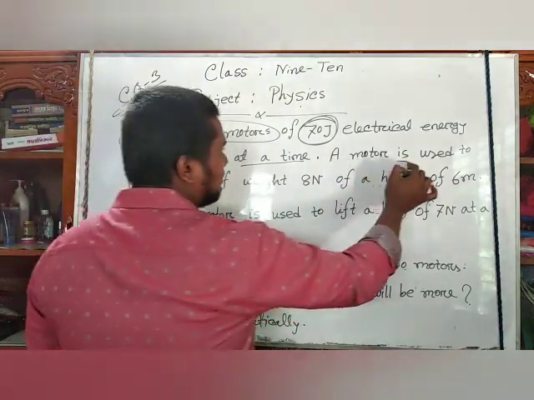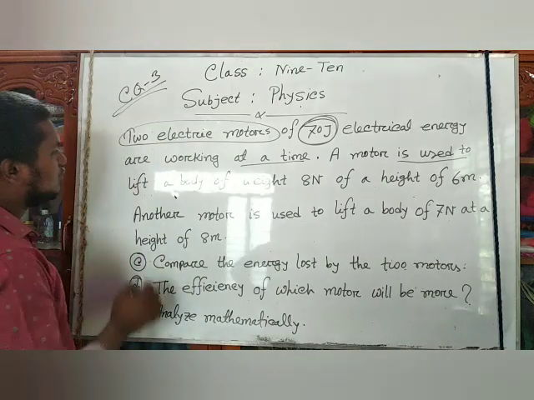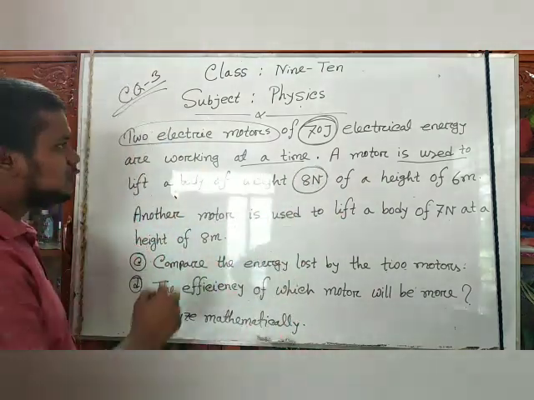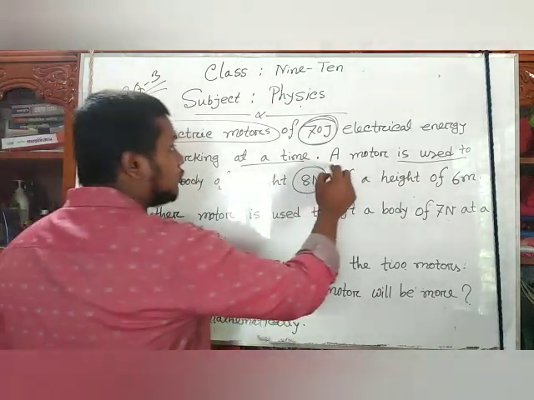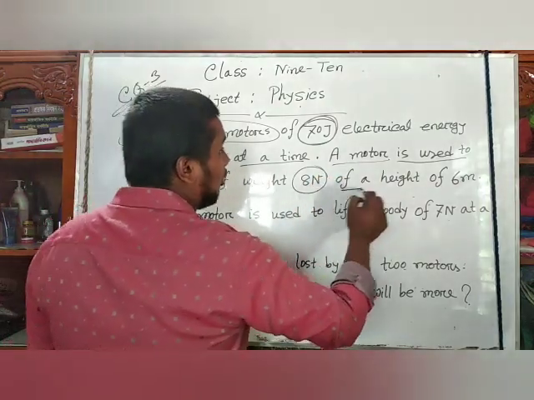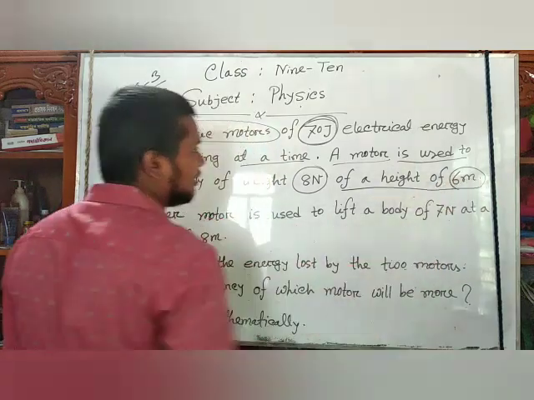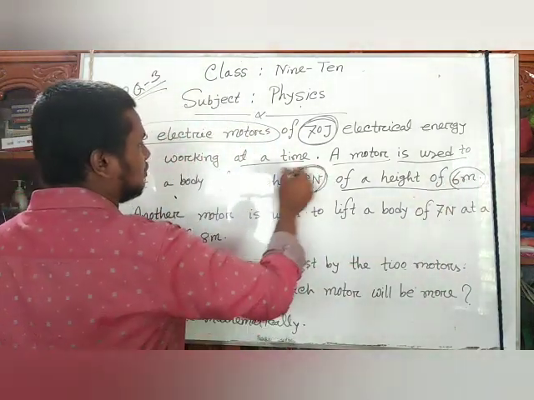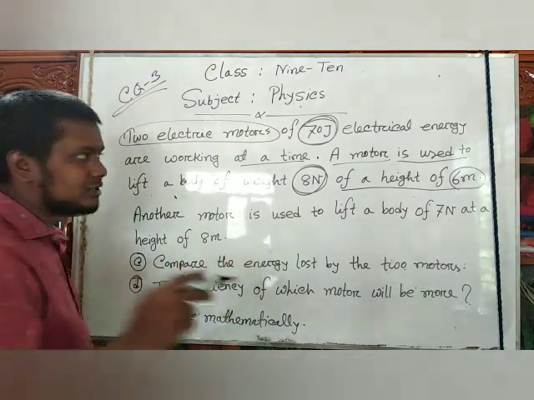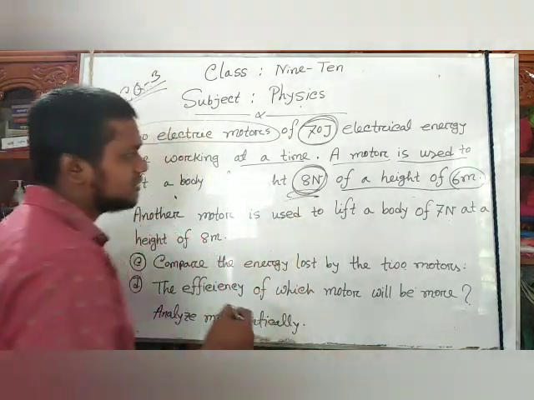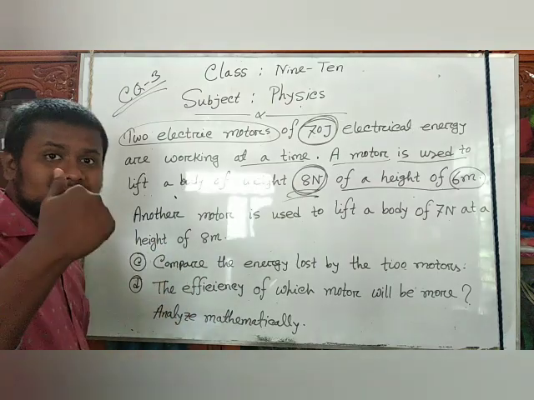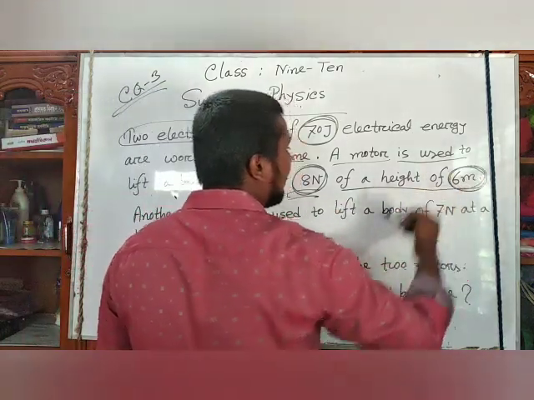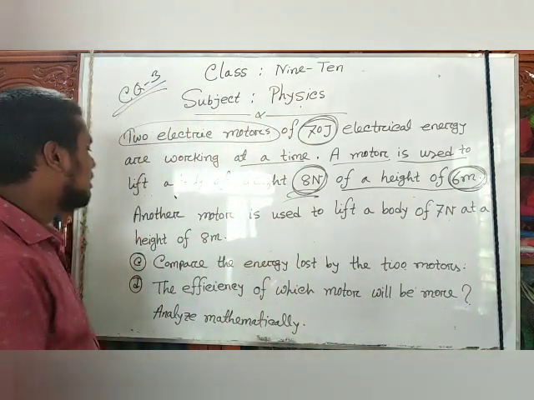A motor is used to lift a body of weight 8 Newton a height of 6 meter. You see that the value of weight is 8 Newton and it is transferred from one place to another, 6 meter. That means the height is 6 meter.